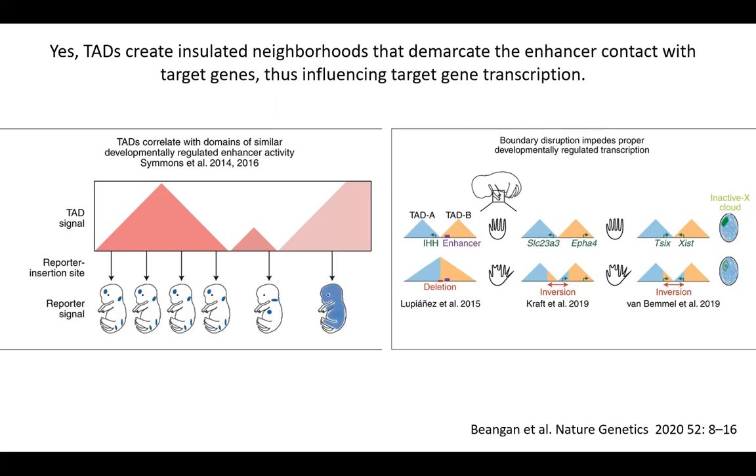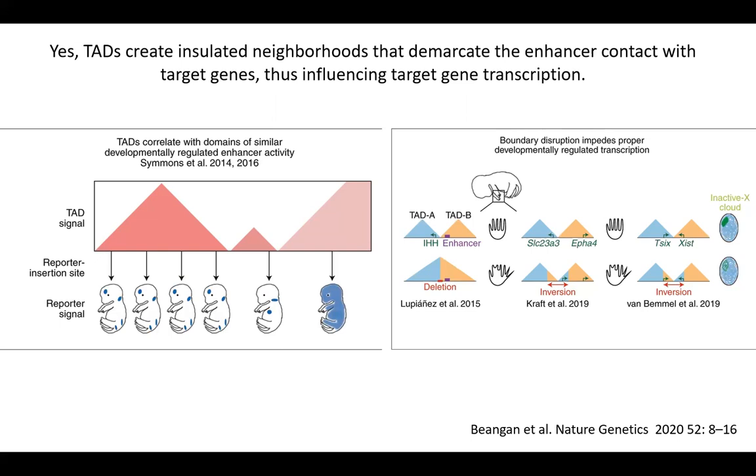So if you have CTCF binding in a certain direction, they create boundaries. So what if we remove the CTCF motif so that the CTCF cannot bind anymore? That will merge the two independent TADs into one. How does that change the gene expression pattern?